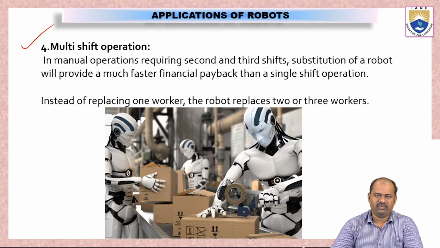A single robot can work for an entire 24 hours a day, and it does not get tired unless it needs some repairs or has a malfunction, and it does not need any leaves compared to human beings. It can work round the clock. So instead of replacing one worker, the robot replaces 2 or 3 workers in a day.